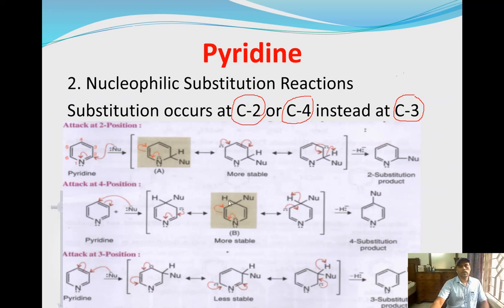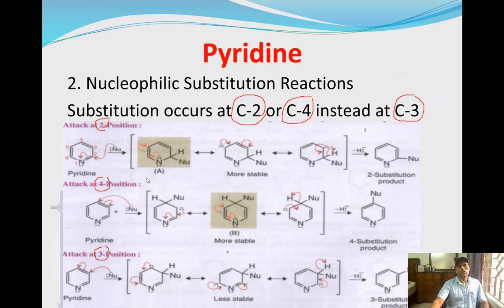we will have to write the resonance structures. Here the resonance structures are written. This is the C2 position, these are the resonance structures at C4, and these are the resonance structures at C3.